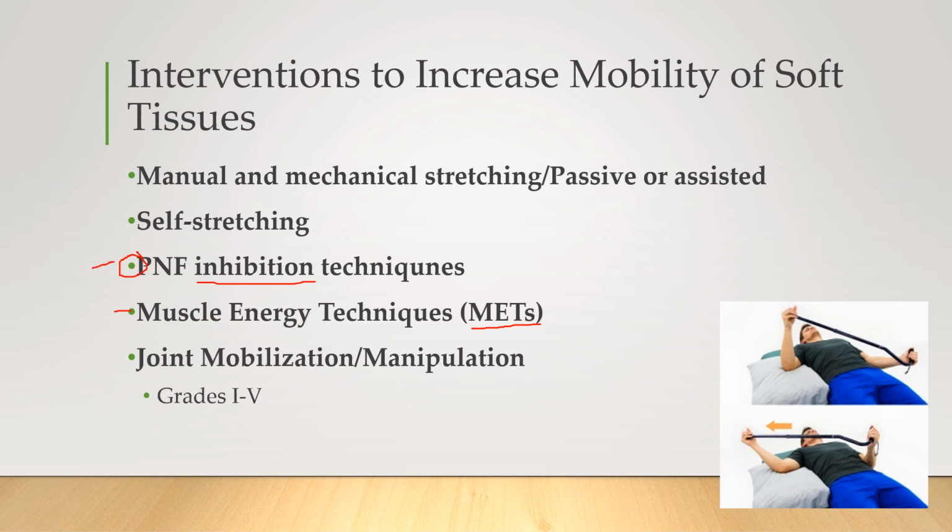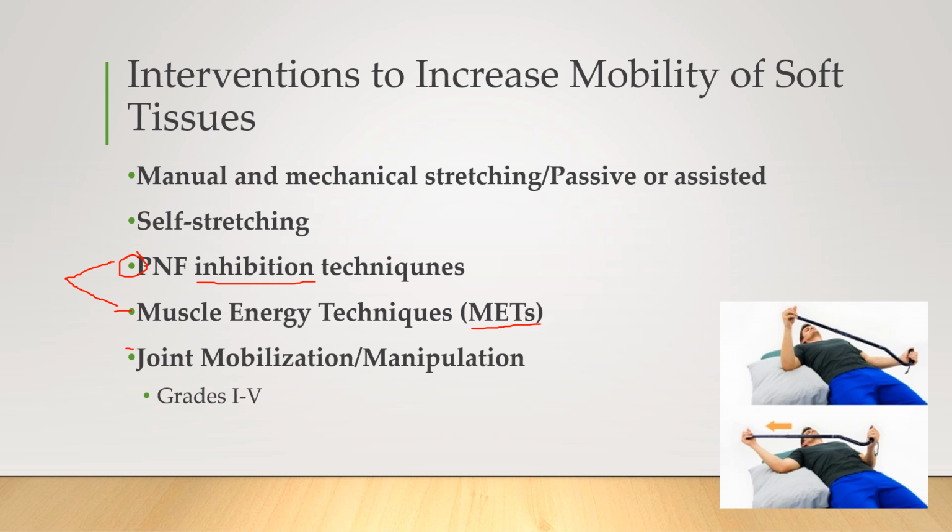And it's important to note that both of these require the patient to participate more in this intervention. These aren't passive, is what I'm really trying to get at here. Your patient's going to have to contract isometrically, maybe concentrically. So there's going to be some effort here for these two compared to just a passive stretch.